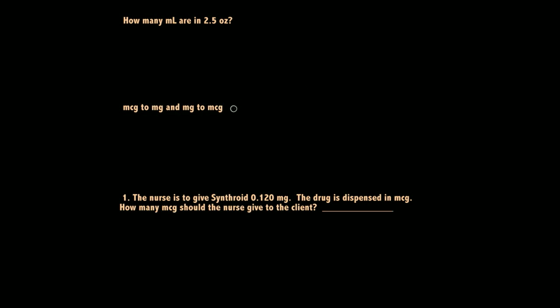In this one, again, we're wanting to know how many milliliters we have in 2.5 ounces. Well, this is easy. We set it up the exact same way. You can either set it up as 2.5 ounces, which is our given, times for every 1 milliliter you have 30 ounces, or you can set it up as for every 1 milliliter you have 30 ounces times 2.5 ounces.